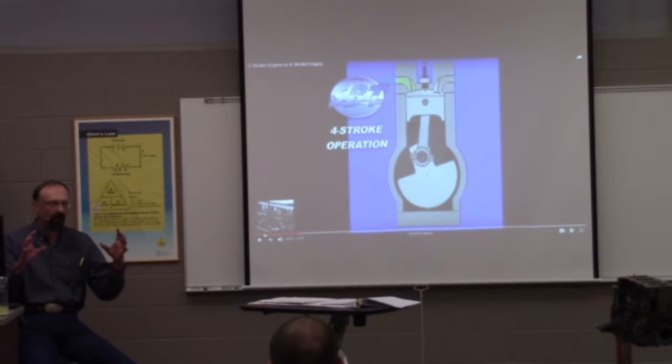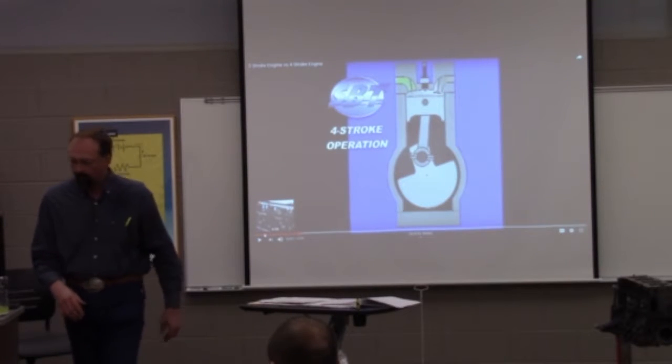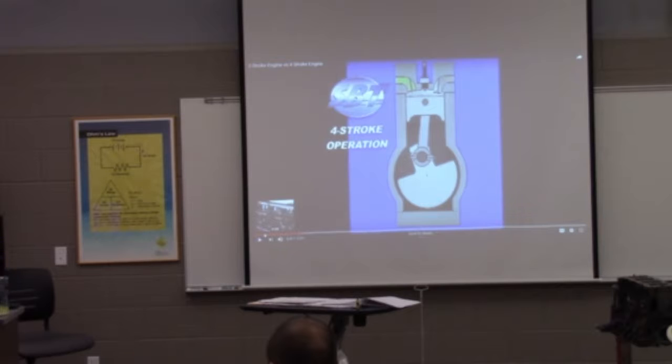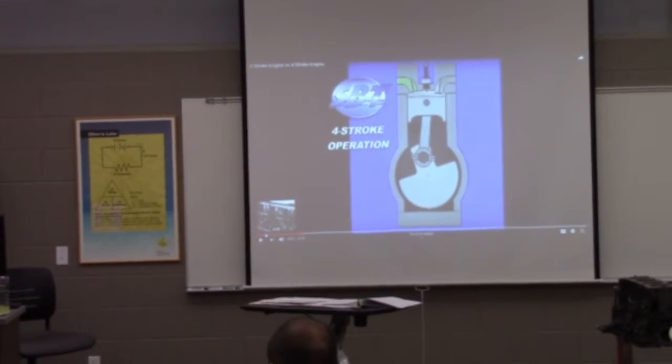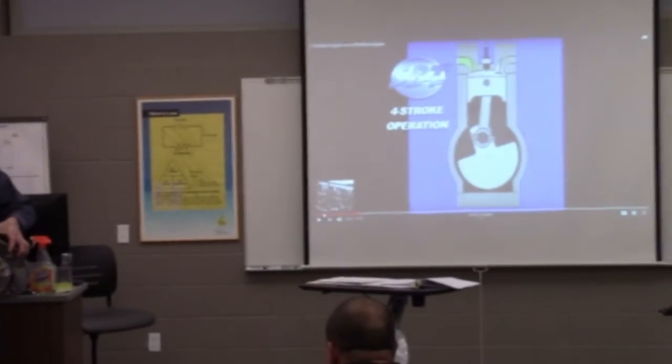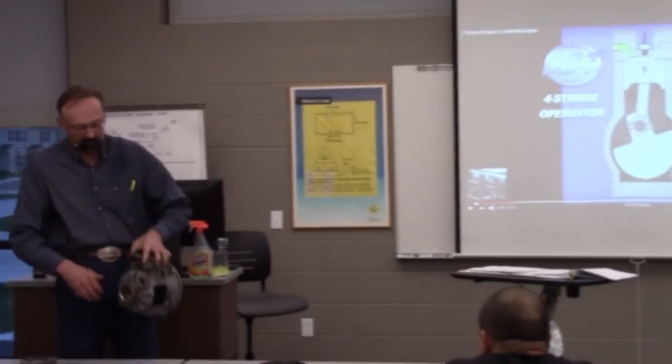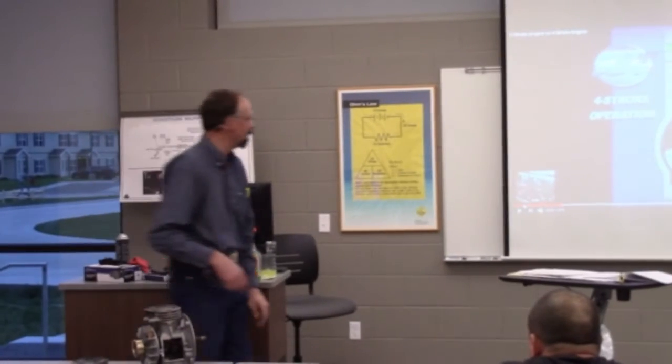So that crankshaft has some mass, but we also put a flywheel on there. On this engine, this piece here is part of that flywheel. So it's got rotating mass, and it helps run the piston through the other 3 strokes.